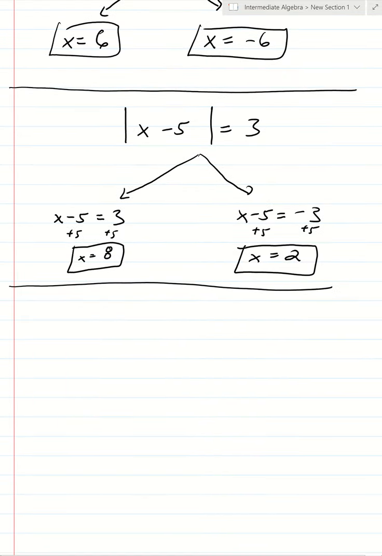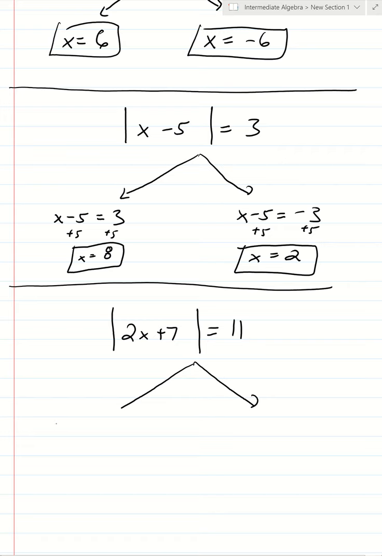Let's try another one, slightly more challenging. Let's say we have the absolute value of maybe 2x plus 7 is going to equal, let's say, the number 11. Once again, what we need to do is go from the one equation and set up two equations.